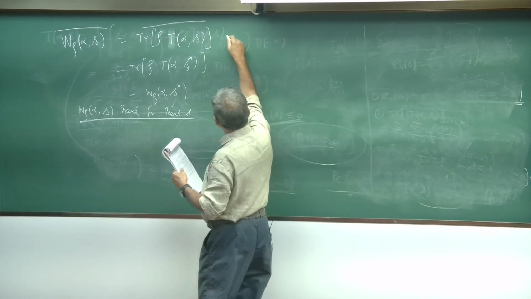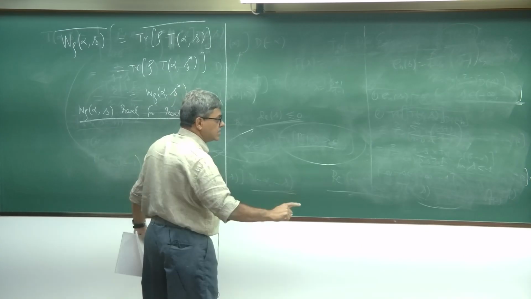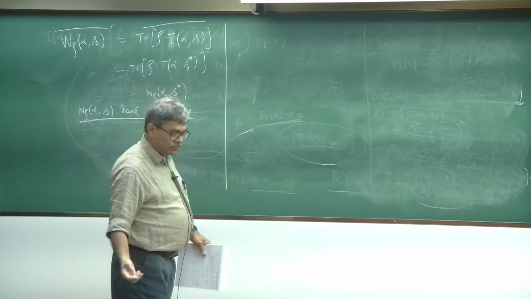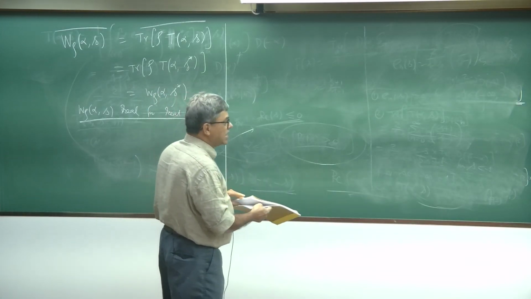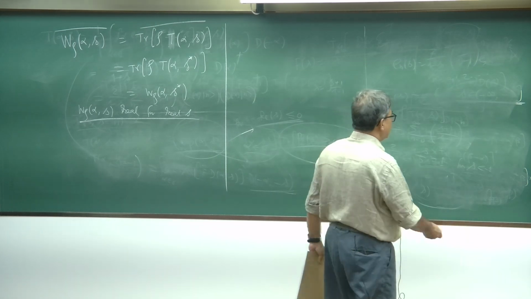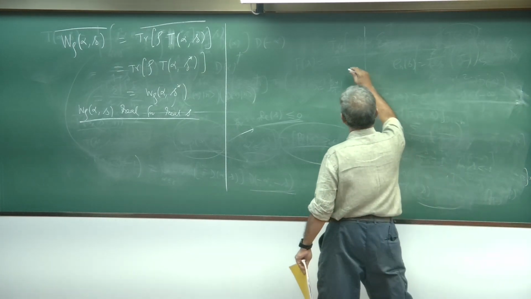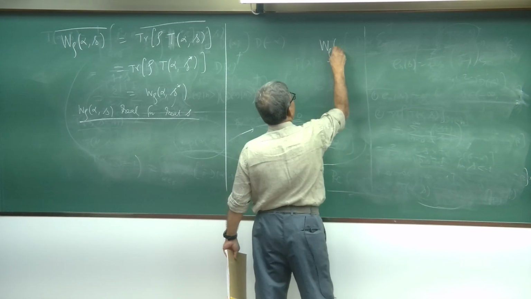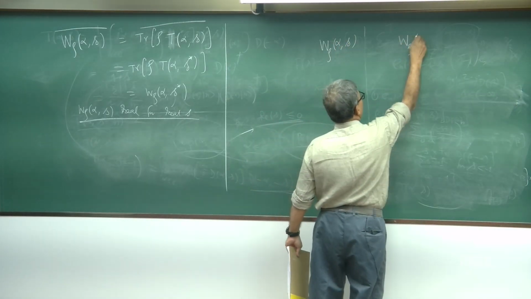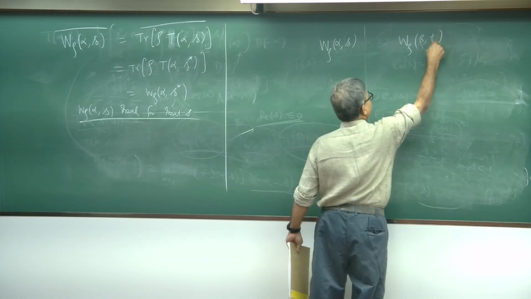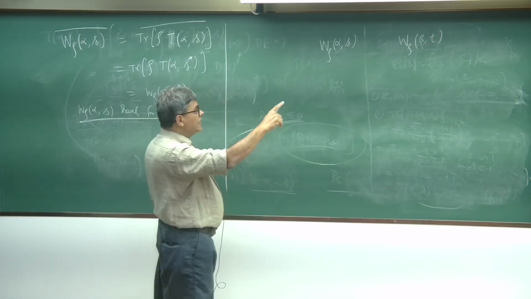Now this last thing, which again I am not going into the details of, is how to connect, let us say, W rho of alpha s and W rho of beta t, because this is what we should do.